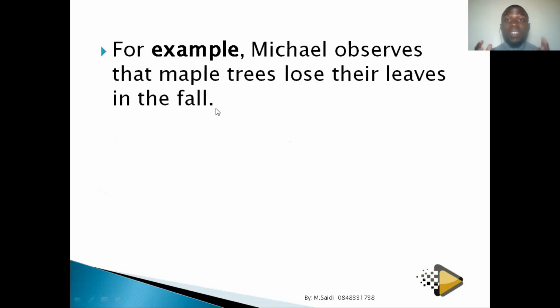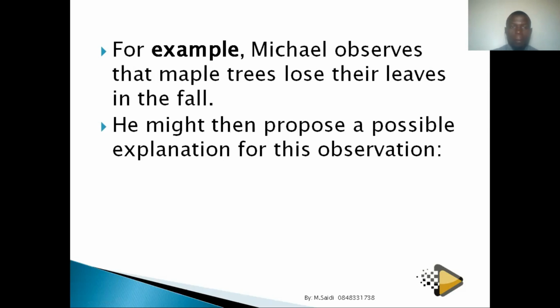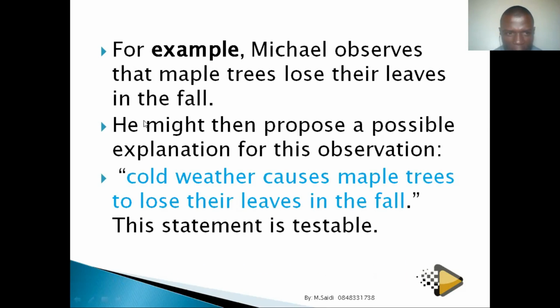So now the hypothesis, when you're developing it, could be about what causes these leaves to fall. So he might propose a possible explanation for the observation he has seen, and say that cold weather causes maple trees to lose their leaves in the fall.